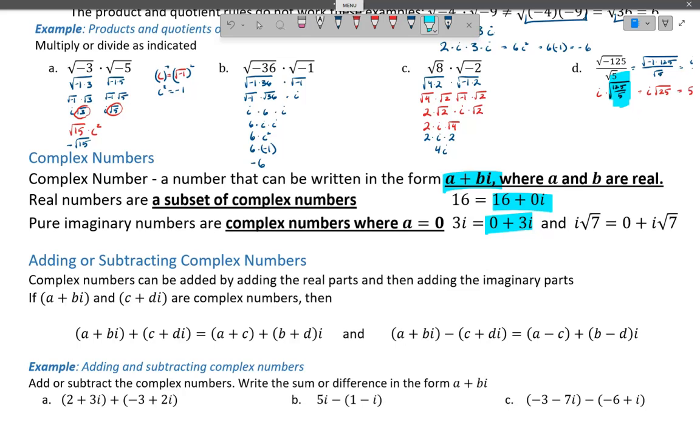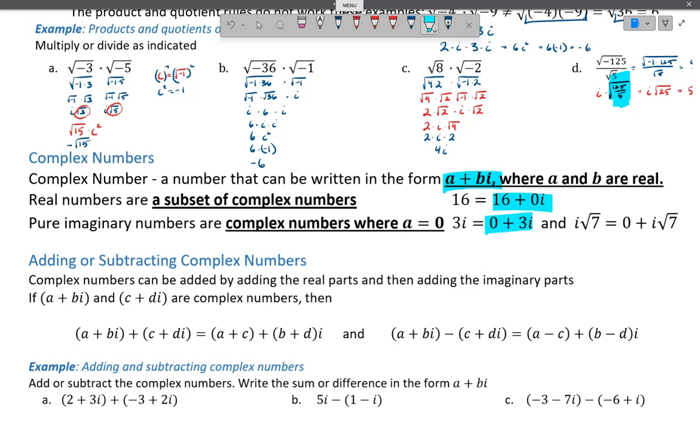When we're in the complex system, our like terms also include, are they real or are they imaginary? So when we're adding complex numbers, we can add the real numbers together, and then add the imaginary numbers together. But I can't add a real number to an imaginary number. I can write the operation, I can say a plus bi, but I can't actually add together a and b because one of them is real, and one of them is attached to the imaginary number.